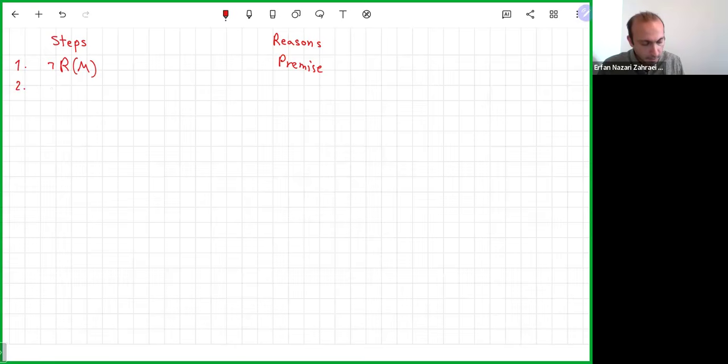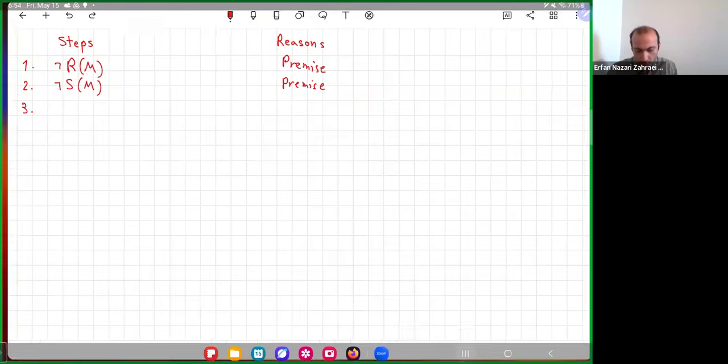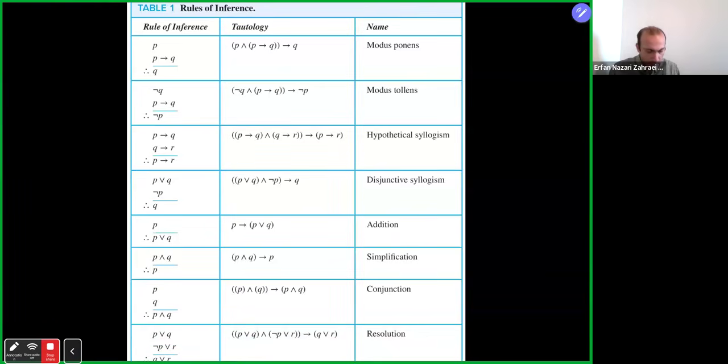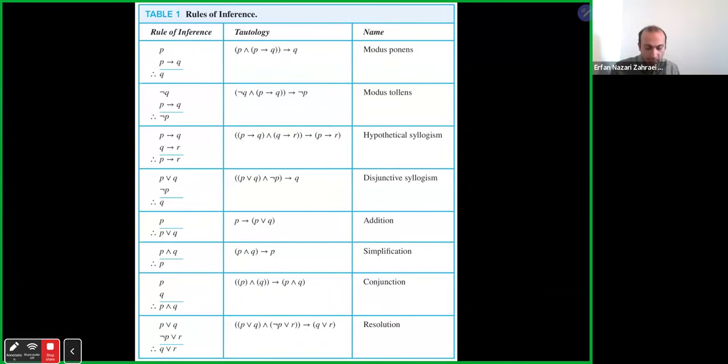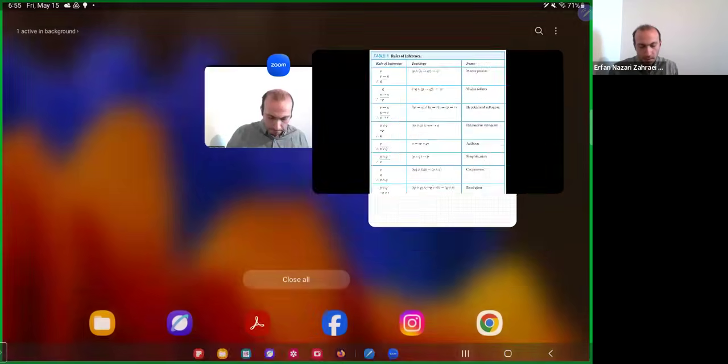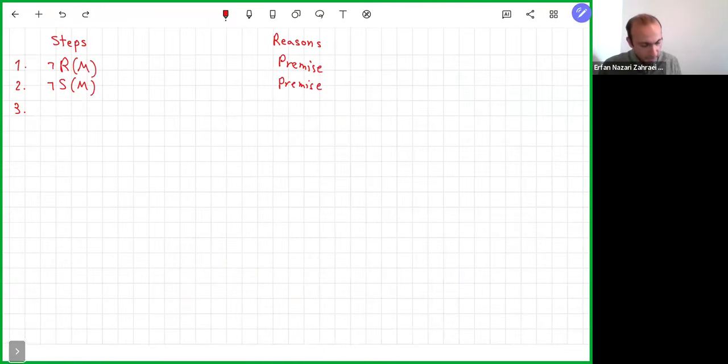Next, not S_M. That's also a premise. Then I know that I have two assumptions separately. Now I can do the and of them. If you like, that's this rule of inference, the conjunction, the second last one. If you know P and Q as premises, then P and Q is the conclusion. So I have steps 1 and 2 and conjunction.